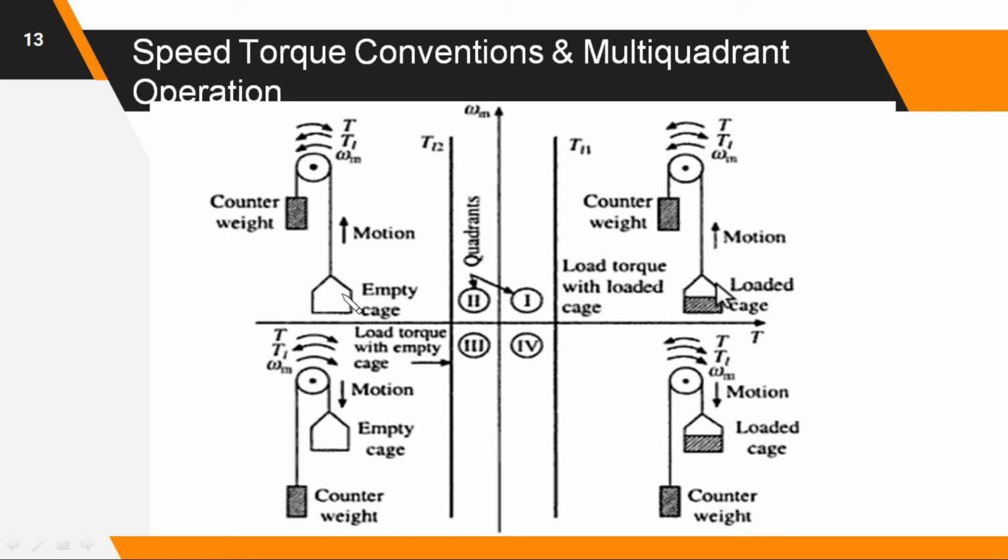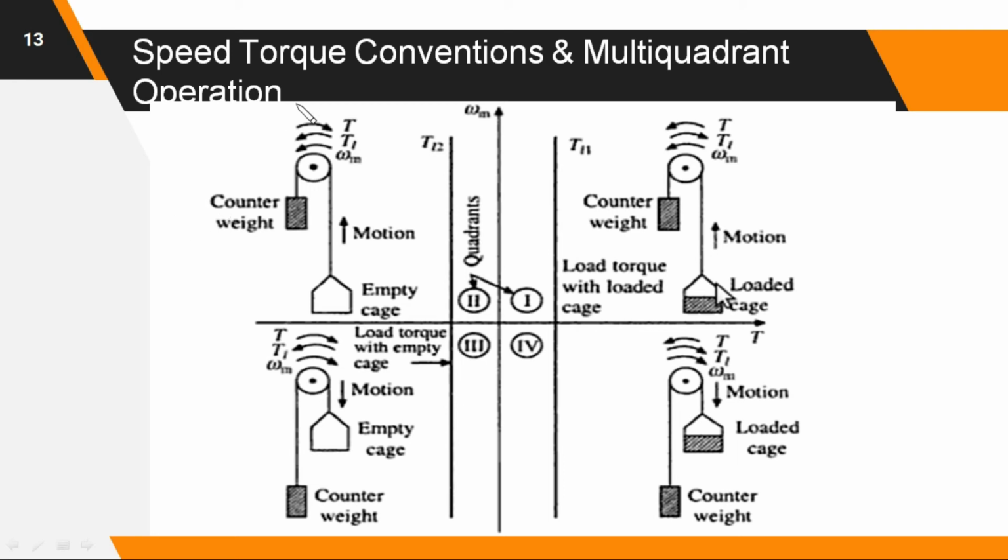Here the empty cage is there, the counterweight is heavy, therefore there is a tendency that due to the gravitational force the counterweight goes down and automatically this lift goes up, but it is not at a safe value of speed. The tendency of the load torque is like this, in the anti-clockwise direction, but the motor has to work in the opposite direction, so that the lift goes up while limiting the speed to a safe value.